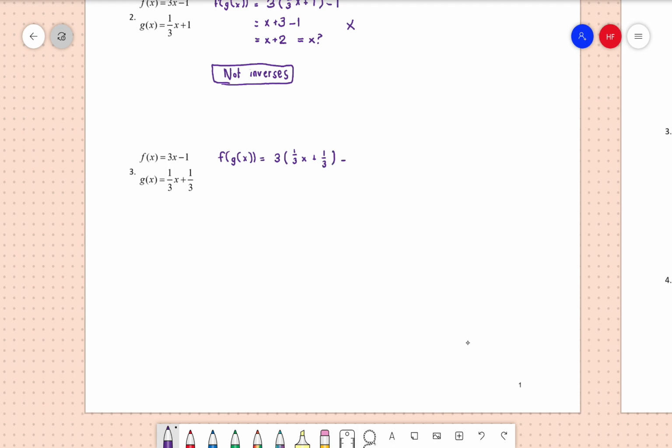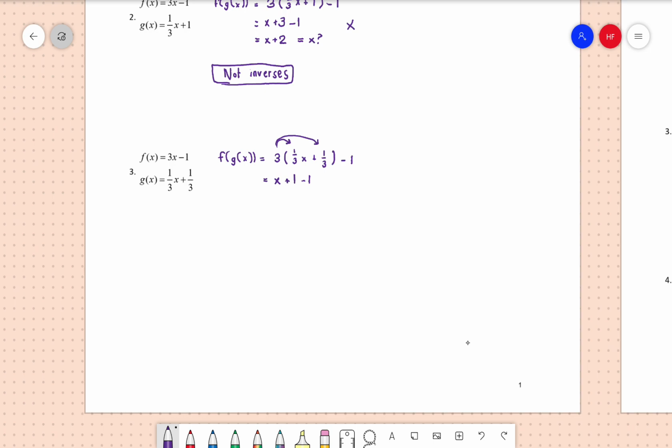And then don't forget that minus 1 on the end there. Distributing this 3, we've got 3 times 1/3, which we said was 1. 3 times 1/3 is 1. And then we've got that minus 1.